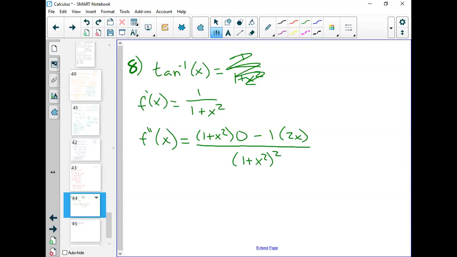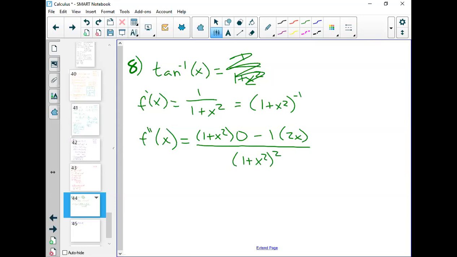The other way that you could do this is to just make this 1 plus x squared to the power of -1, and then use chain rule.